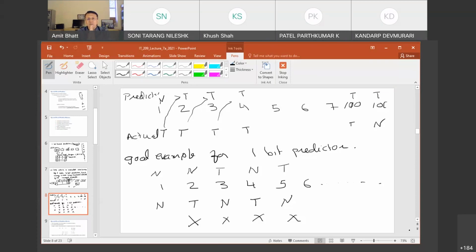Now people have asked whether a 2-bit predictor would be any better. A 1-bit predictor gives you only 2 states, 1 and 0, meaning taken and not taken. Normally we say 1 is taken and 0 is not taken.